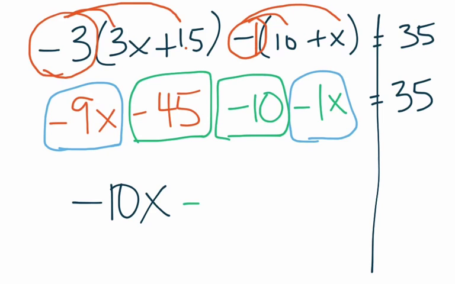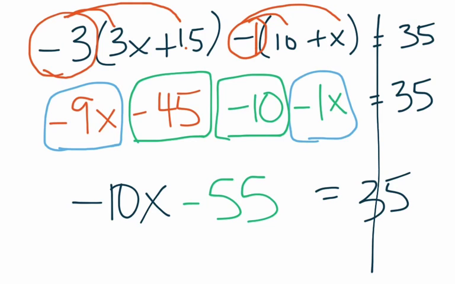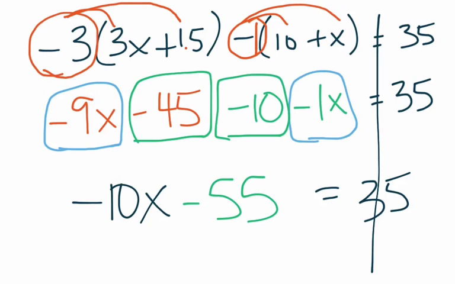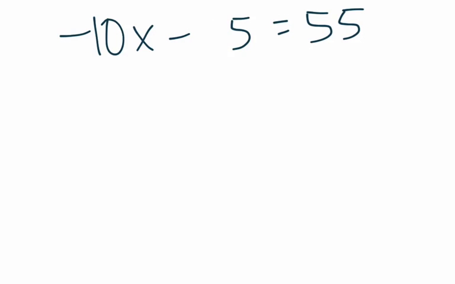And that's going to give me -55. And that's going to equal 35. So I'm going to give myself some space and rewrite this problem. So I have -10x minus 35 equals 55. Did I get that right? Nope, other way around. 55 here and 35 there.